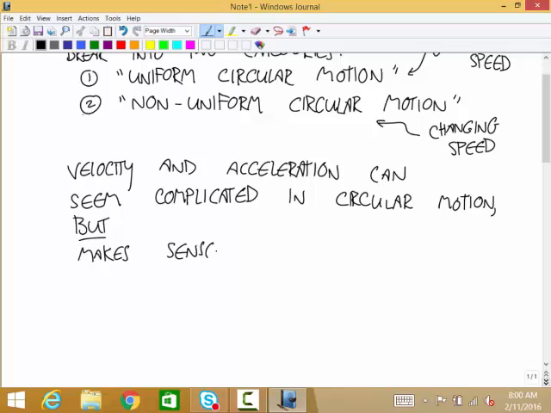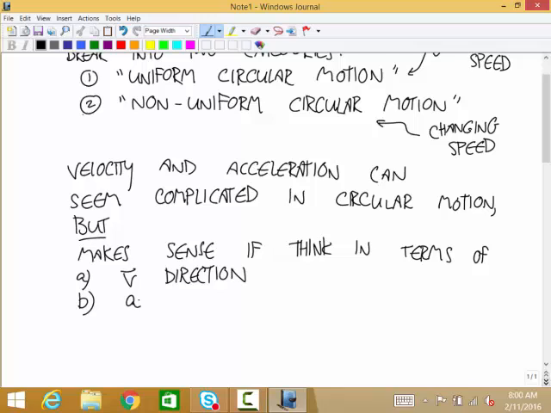So it makes sense if you think about it in terms of the velocity direction, the acceleration parallel to the velocity, and the acceleration perpendicular to the velocity.